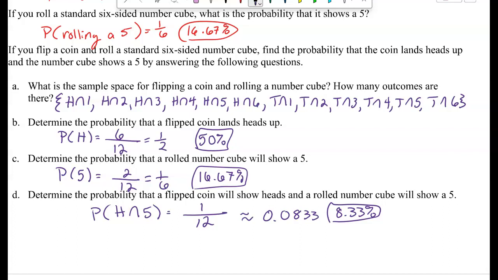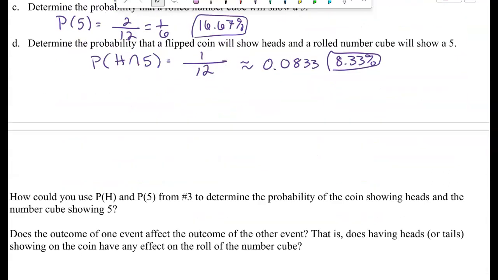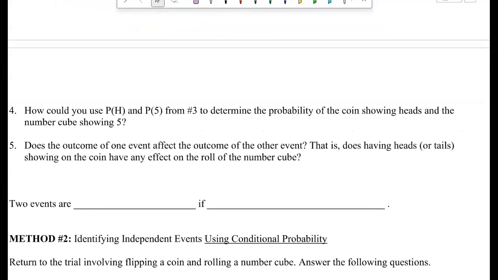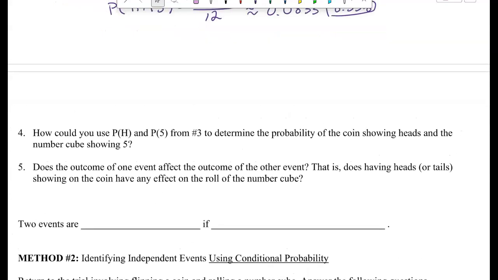Now, here's how we can use stuff to our advantage, okay? So here's where we're going. How could we use the probability of heads, flipping a coin, and the probability of rolling a 5 from part 3, to determine the probability of a coin showing heads and rolling a number cube to get 5?